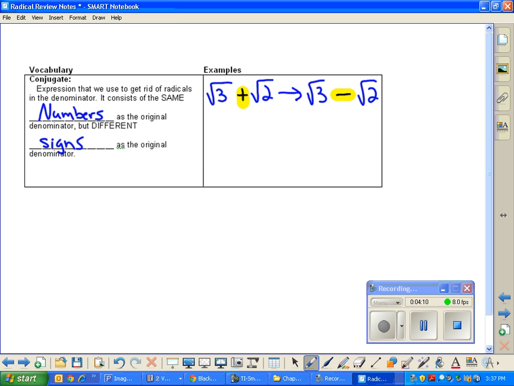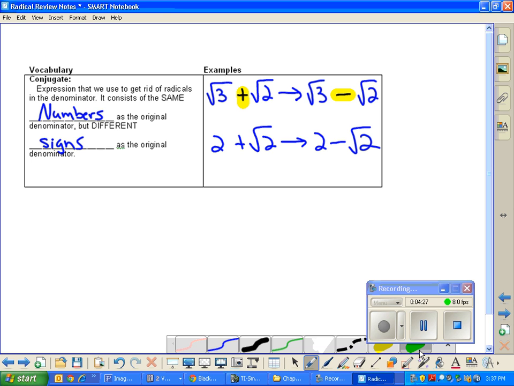As another example, if you have 2 plus the square root of 2, and you were tasked to identify the conjugate of that, it would be just 2 minus the square root of 2. So you'll see again, I gave you an example where we were given the same numeric values, but now we have the opposite signs in between.